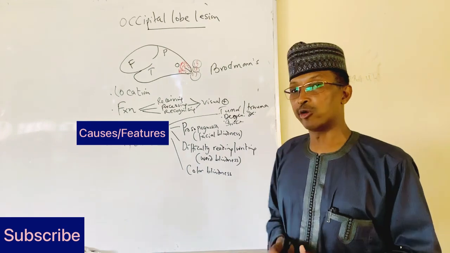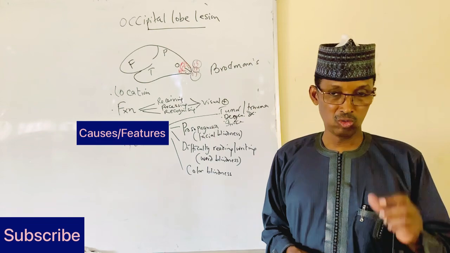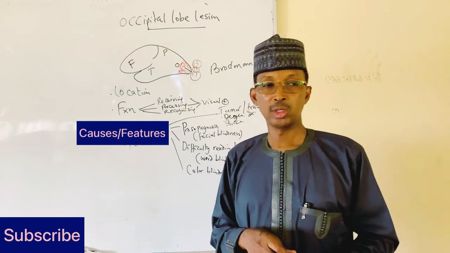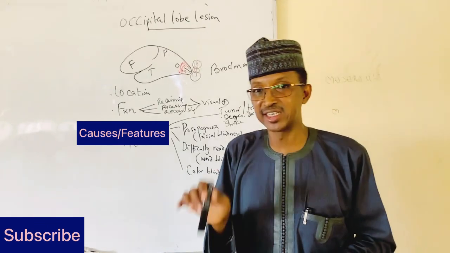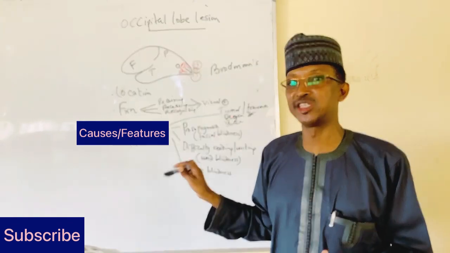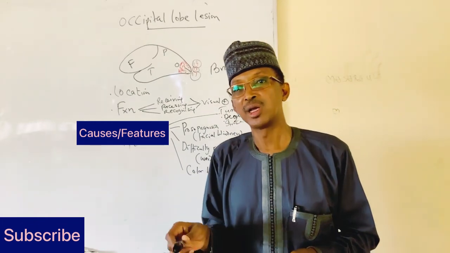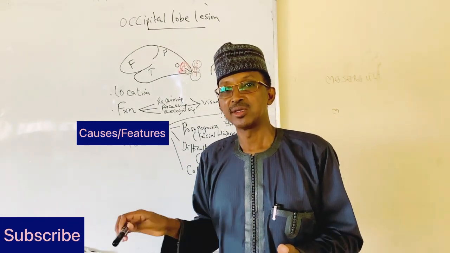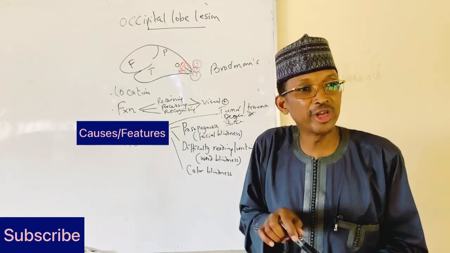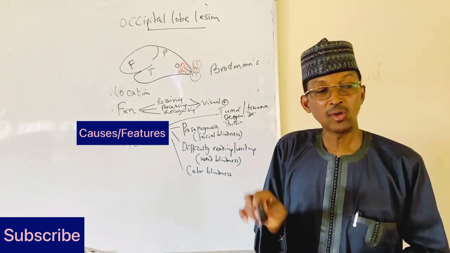Similarly, somebody with that kind of lesion in the occipital lobe may have difficulty in reading or writing. If you give him a book to read, even though he has seen the words, he has seen that this is A, B, C, D, whatever, he's not able to read it. If you write his name, say, my name is Salamatu, for example, she has seen that name, and it is her own name you have written, but a person with that lesion will not be able to recognize what is written.